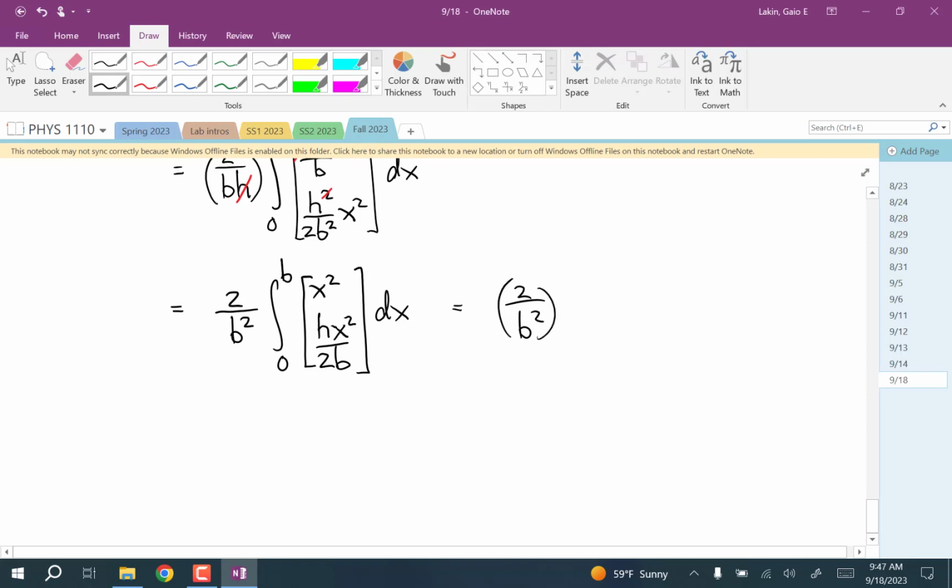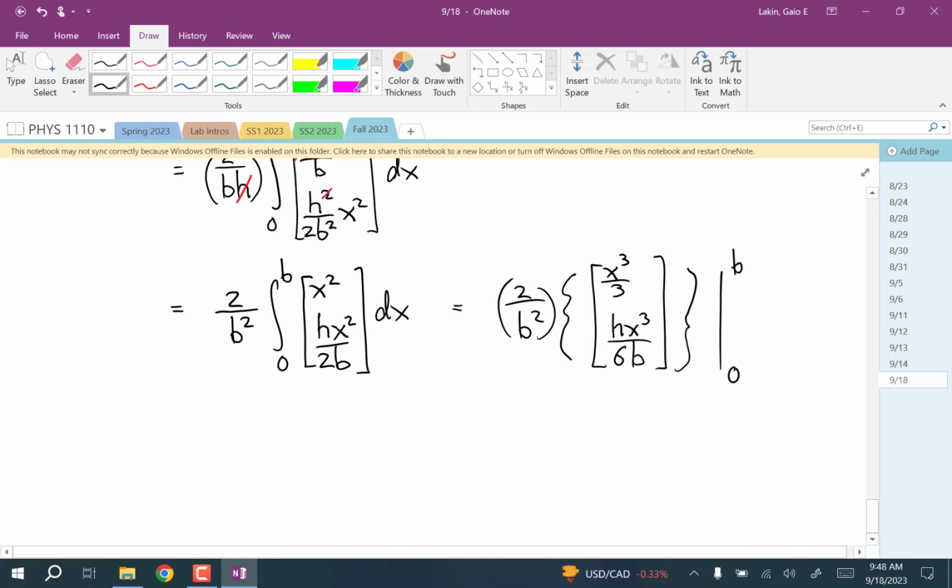So we got 2 over b squared. And then our integral, we have x to the third over 3, h x to the third over 6b, evaluated from 0 to b.